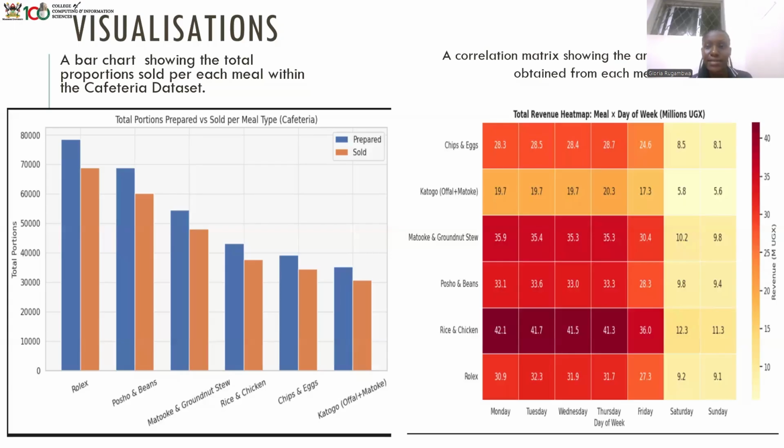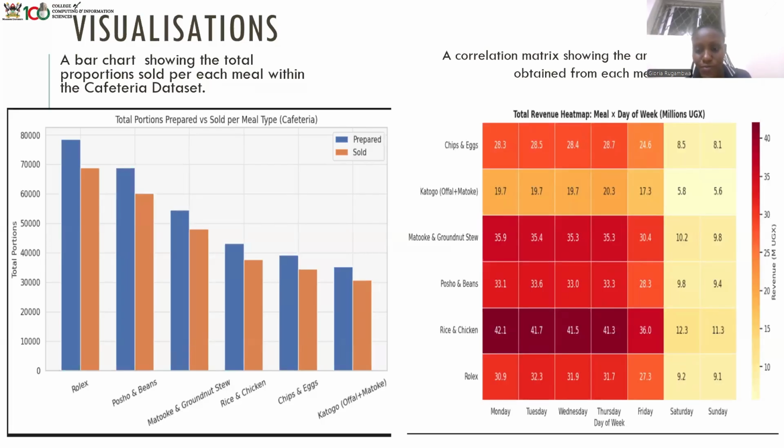Then our next visualization is a correlation matrix showing the amount of revenue obtained from each meal within a week. How this visualization works is, the darker maroon shows a very high level of revenue generated from a specific meal.